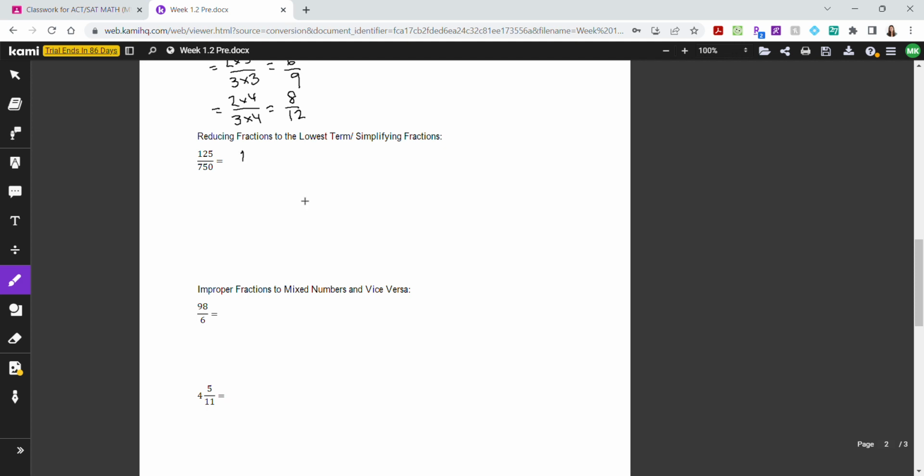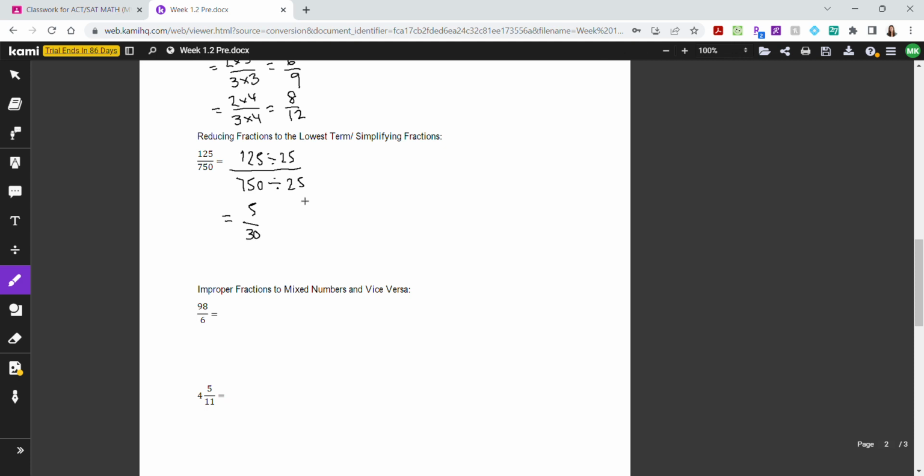So let's do 125 divided by 25, and let's do 750 divided by 25. And that is going to give us 5 over 30.